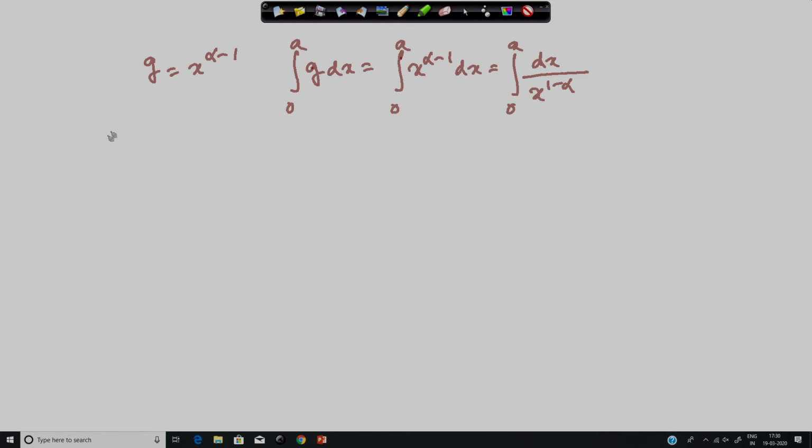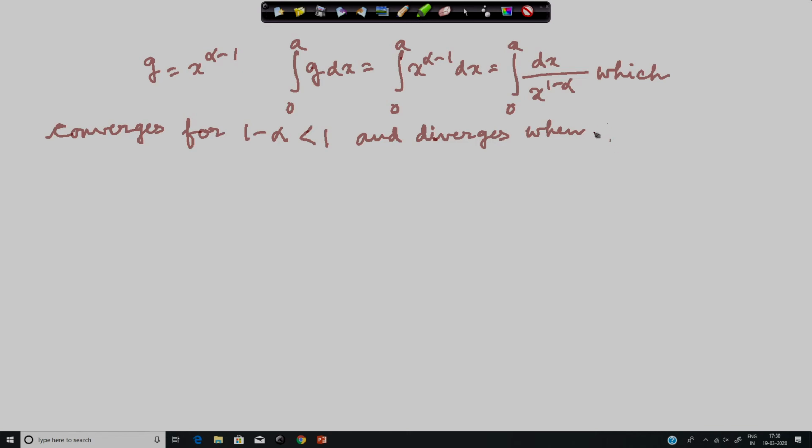So, it converges for 1 minus alpha less than 1, and diverges when 1 minus alpha is greater or equal to 1. That is, for alpha greater than 0 it converges, and it diverges when alpha is less than or equal to 0.